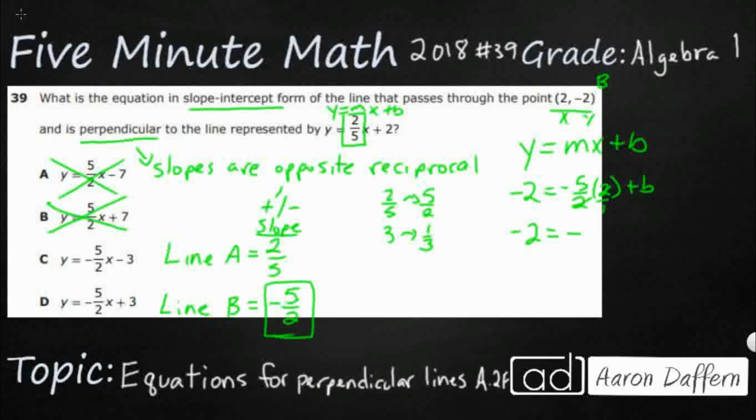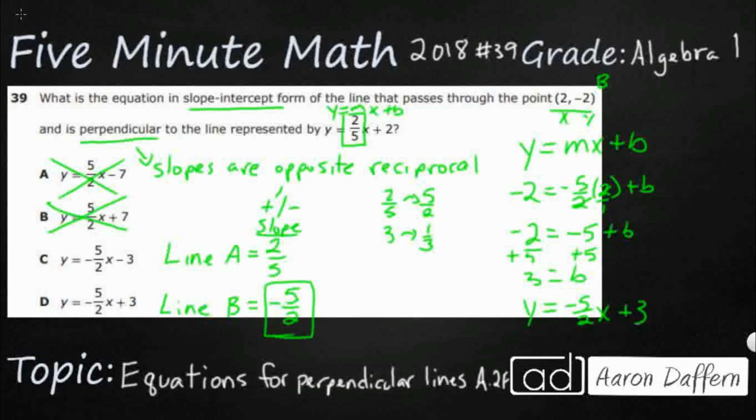So it's just negative 5 plus b. Add 5 to both sides, right? And you are going to get positive 3. b equals positive 3, which means you can say the slope-intercept form would be y equals negative 5/2 x plus 3. So that's looking like D.